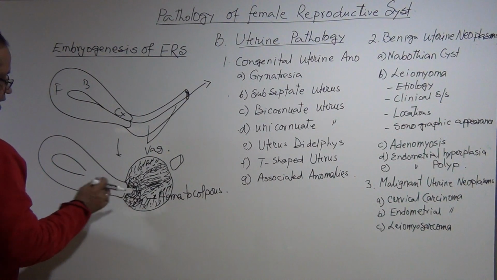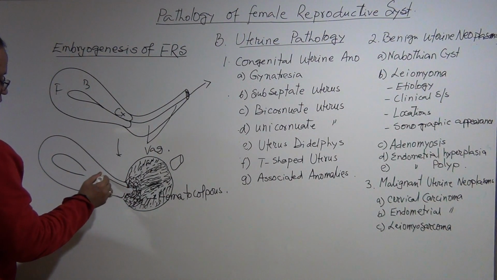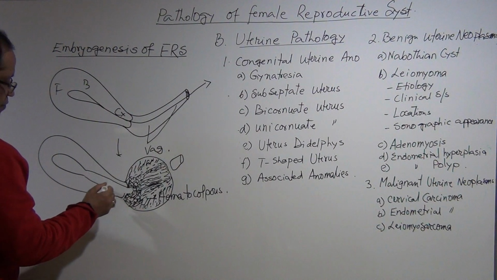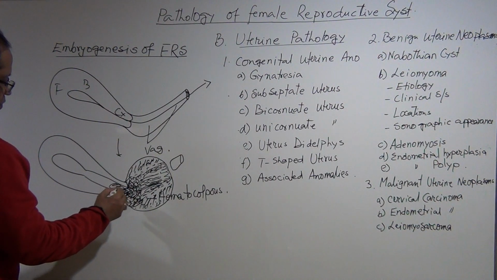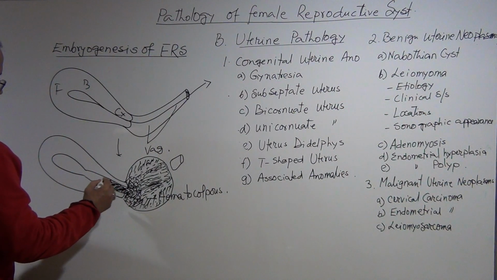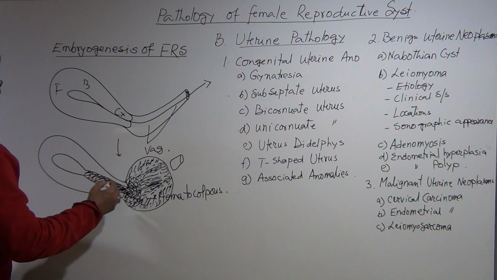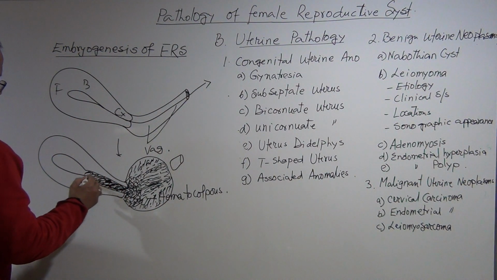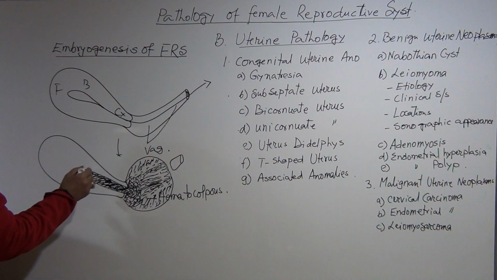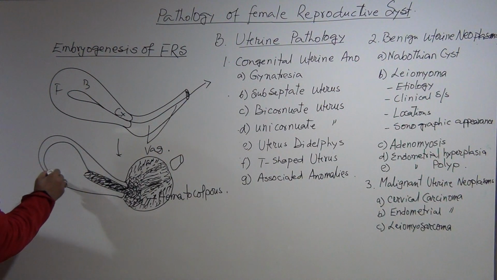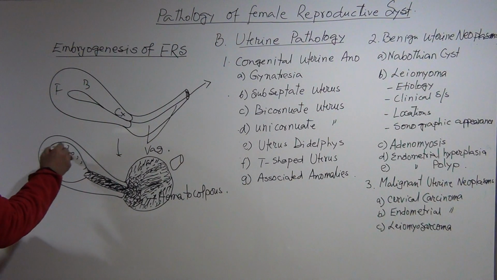through the cervical canal. Cervical canal. And finally, what happened? The uterine cavity will be filled with blood.